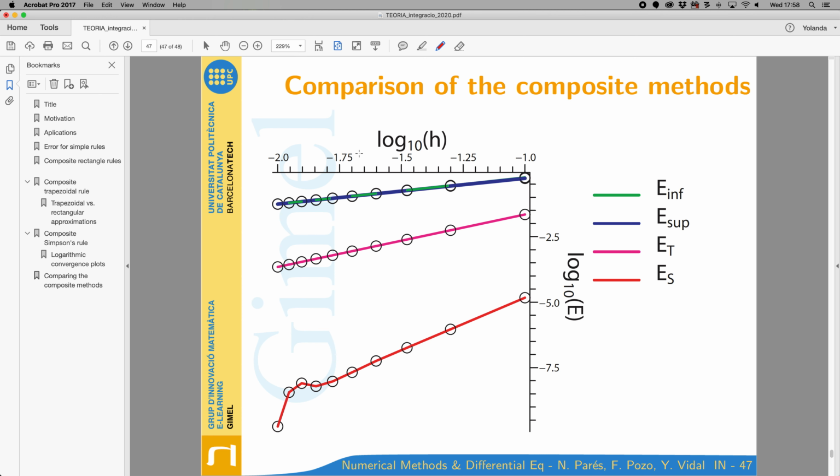We are plotting the logarithm of h in the x-axis, the logarithm of the error in the y-axis, and here in blue and green we have the rectangle rule, and the slope in this case is 1. The pink line here is the trapezoidal rule, so this slope is 2. And finally, in red color, we have the Simpson rule, which in this case has a slope of 4, okay?